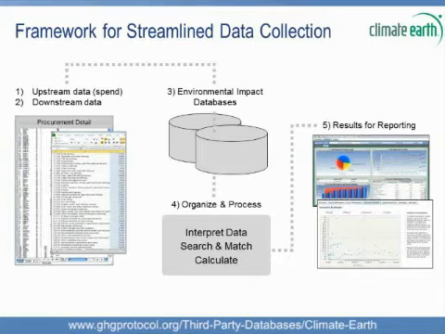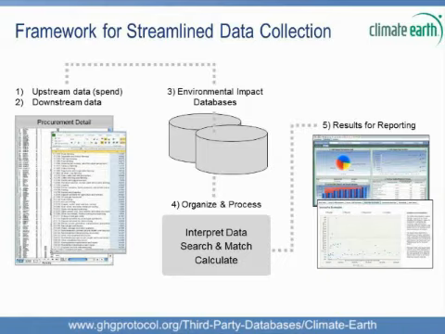And the basic steps are to collect the data we need based on, similarly, that checklist that we just went through. Again, the upstream data, which is generally your spend, and downstream data, which can be estimated based on the categories of products you sell and what you know about those products and other things.